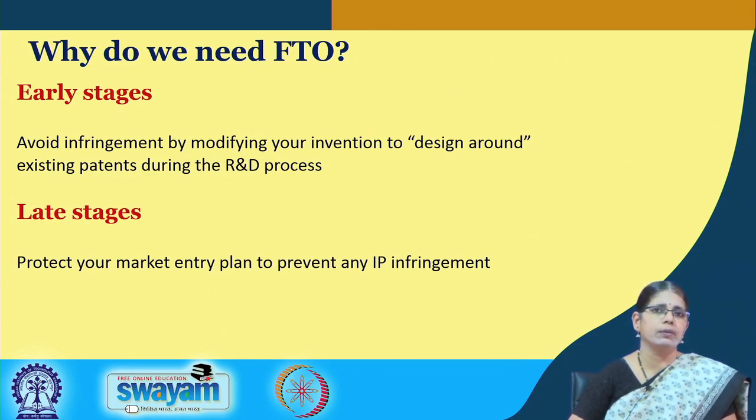If a company is looking at manufacturing a particular product or bringing in a process for production for a better improvement, it is also important to know whether there is already existing IP. Therefore, at an early stage also the requirement of an FTO may arise, so that the company can avoid the IP infringement and design around, so that new IP can be created and thereby the company can actually operate in that particular segment.